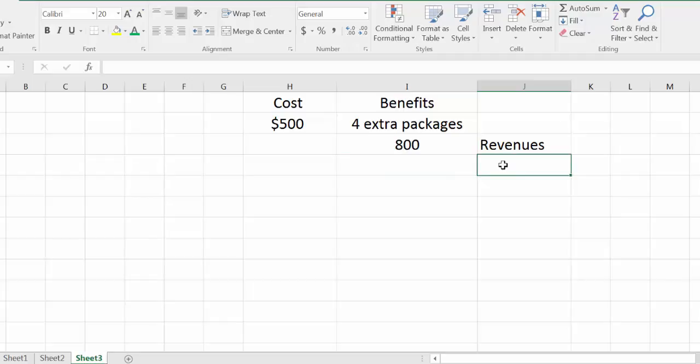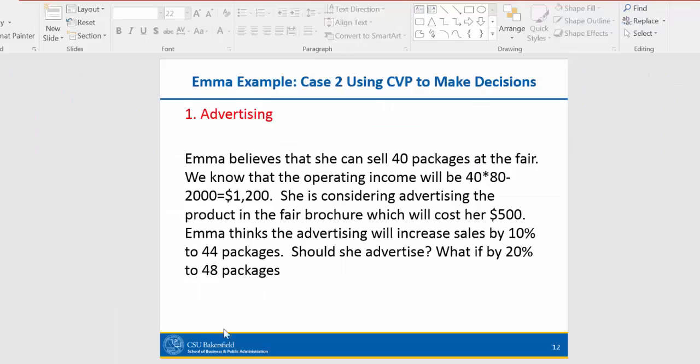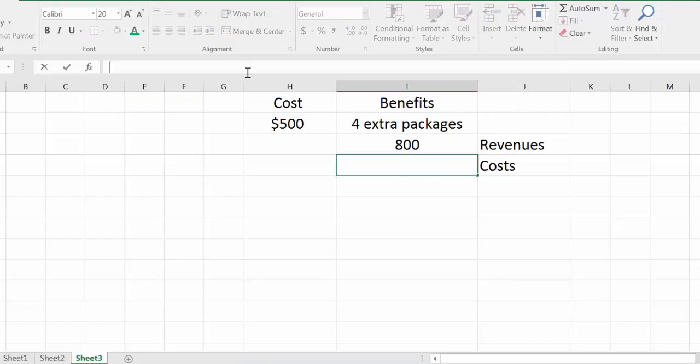There are some costs we have to take care of. For example, for every extra package Emma sells, she has to pay the publisher $120. This is still the same condition, so you can go back to review the original information. Basically, we're looking at 4 packages multiplied by 120, so $480.